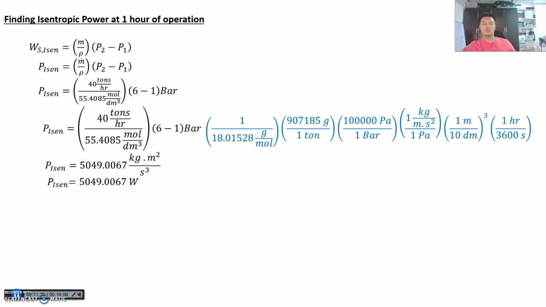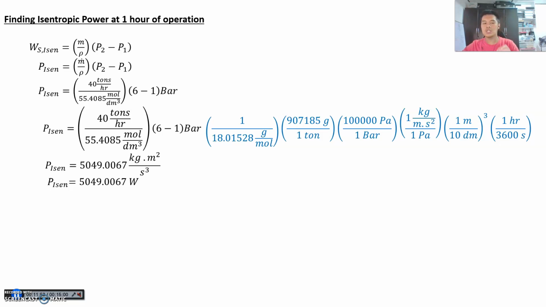In order to convert it into power form, remember that the power is simply shaft work times mass flow rate. Since in this formula, shaft work is a function of mass, what happens if we change the mass into a mass flow rate term? Then, it will be a function of time. This means that shaft work will be turned into power.